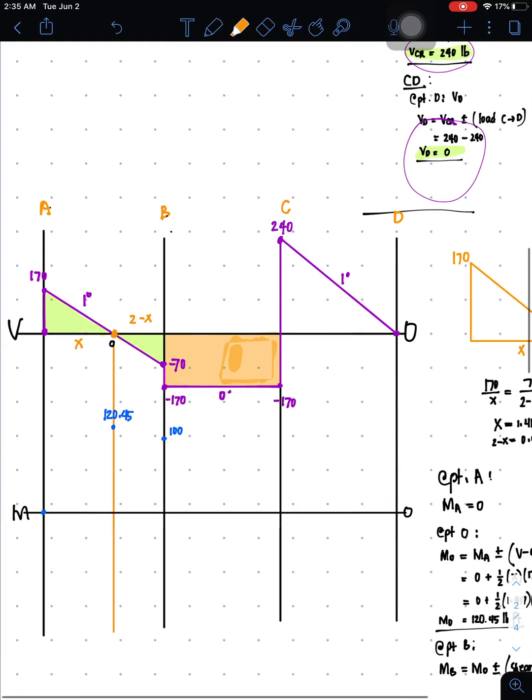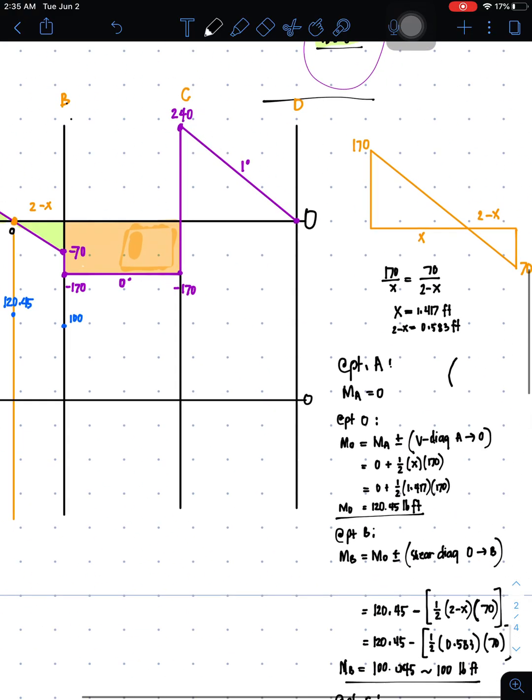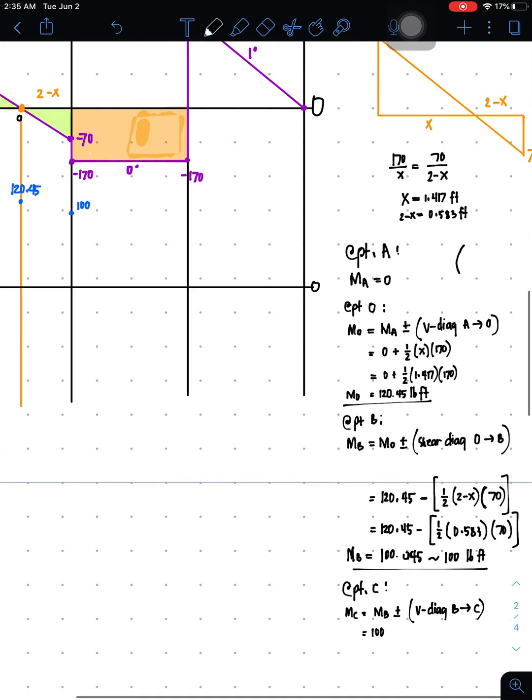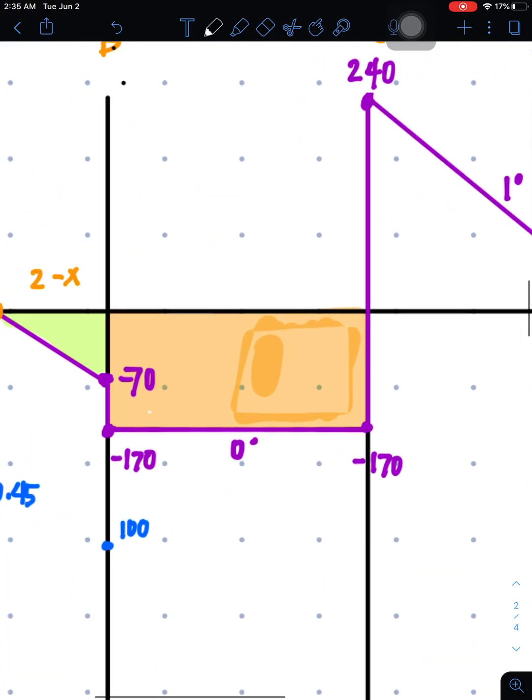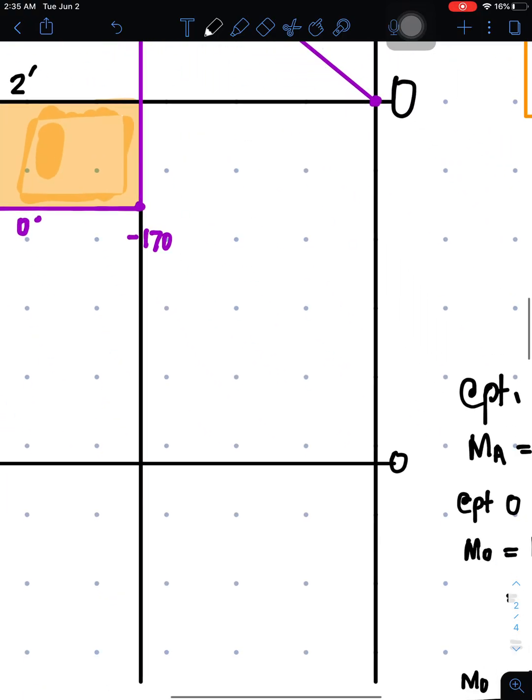That is the area, and the area is negative, since it's below the zero shear line. It's a rectangle, negative 170 times 2 feet. The height is 170.